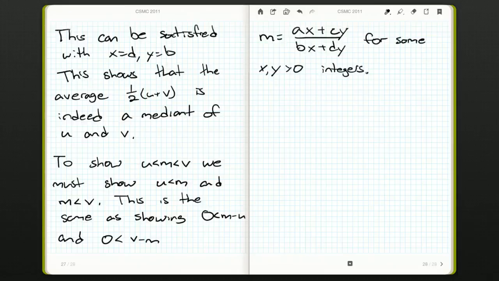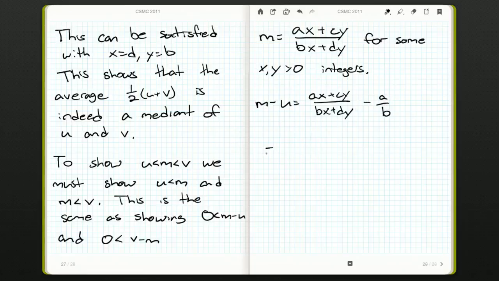Okay. So what does m minus u look like? Well, that's ax plus cy over bx plus dy minus a over b. So if we want to talk about this, we need to find a common denominator here.